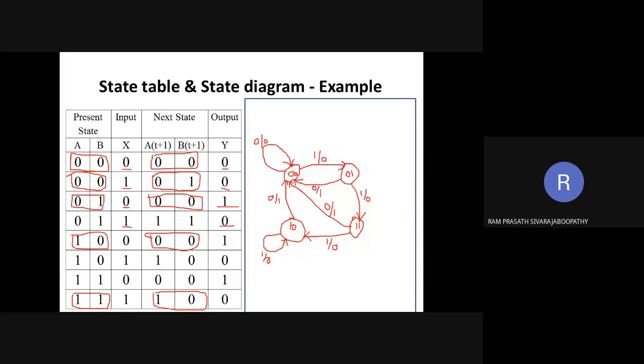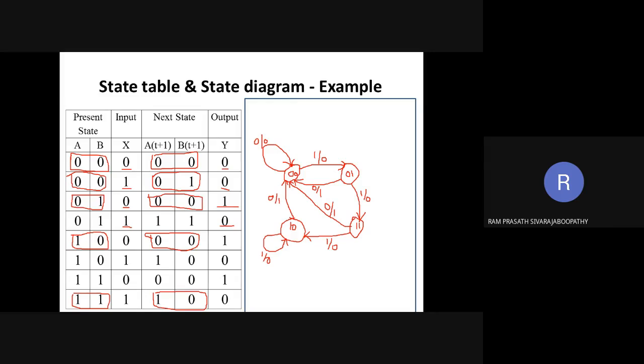X and Y are different. Then we are having two flip-flops. What is stored in the flip-flop currently, we call it the present state. After applying a clock, based on the input and the present state, how it changes to the next state, that is what we are representing here.